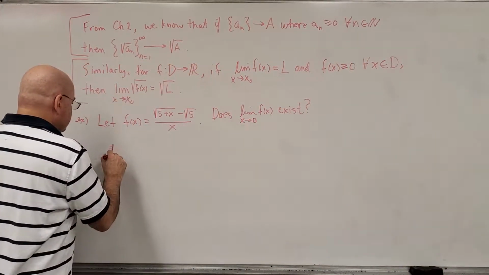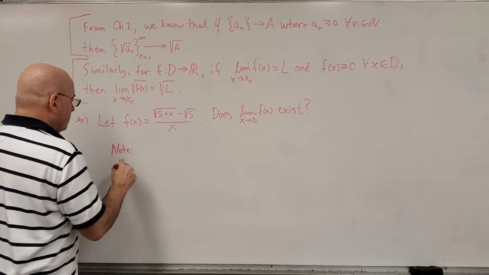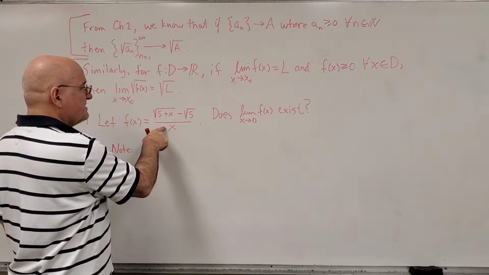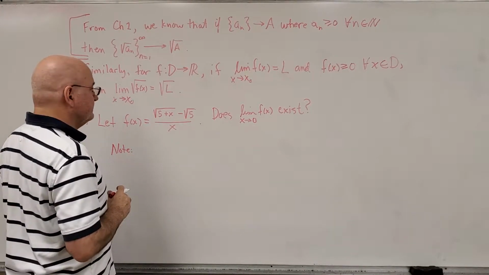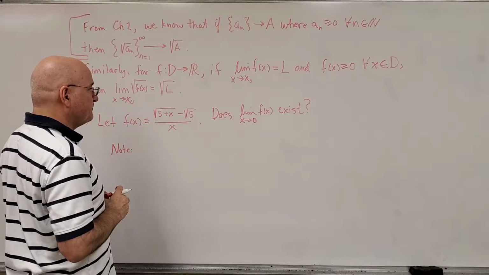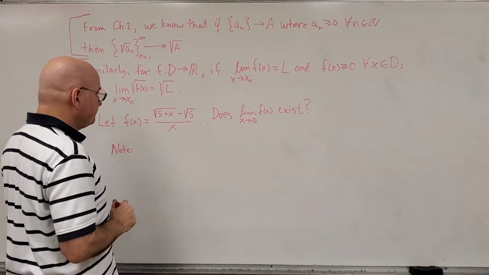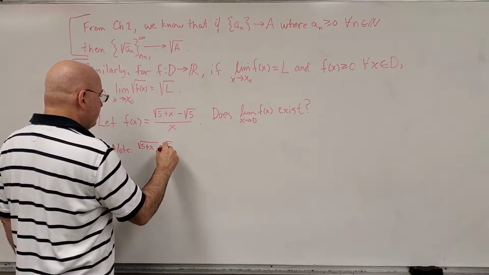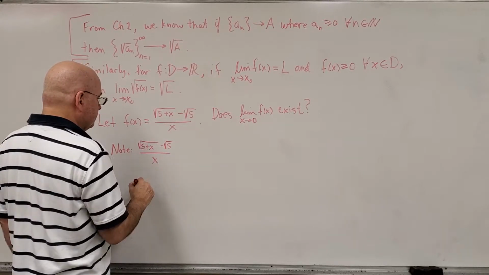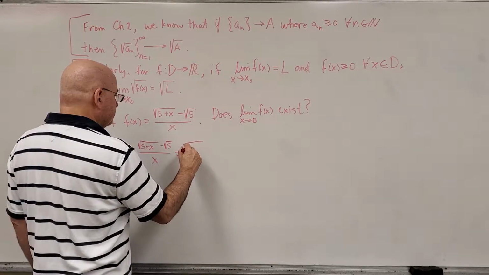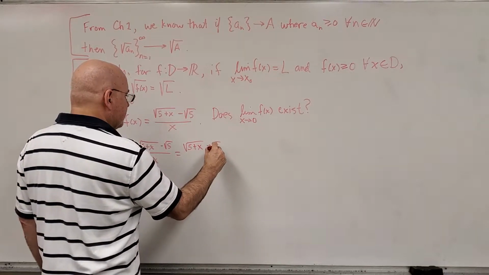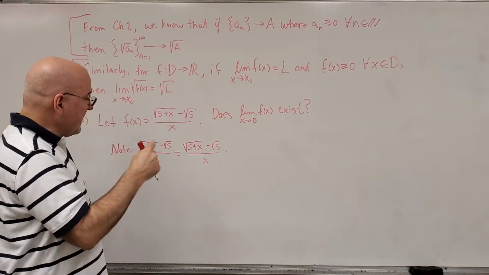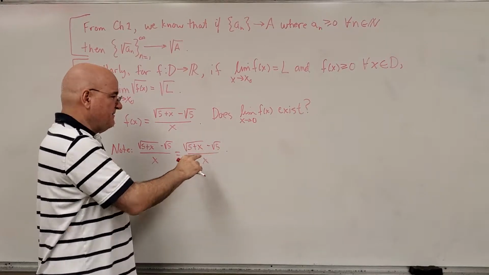Let's make a note: right now we can't use that previous discussion, since the denominator has a limit of 0. So let's take radical 5 plus x minus radical 5, over x. That's equal to radical 5 plus x minus radical 5 all over x, times 1. And I'm going to write the 1 as a fraction using what's called the conjugate of the top.